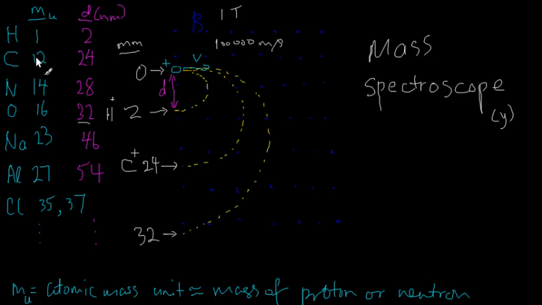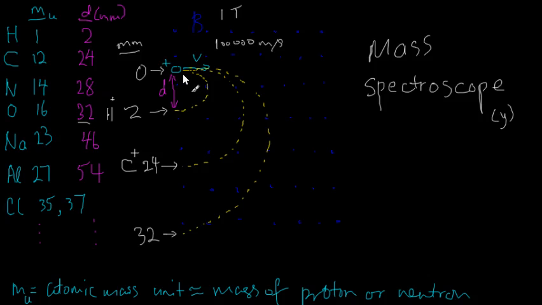You can imagine that, for example, if I want to shoot some carbon ions in, they would probably be in a vaporized form, in some vapor gaseous state. But you know about gases, the particles in a gas are moving in all sorts of random directions, in all sorts of random velocities.